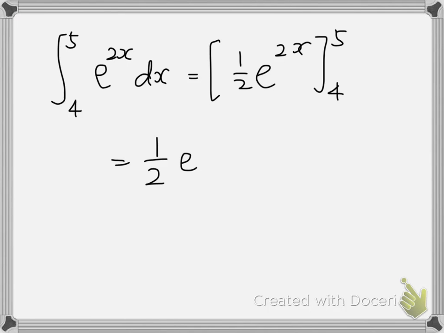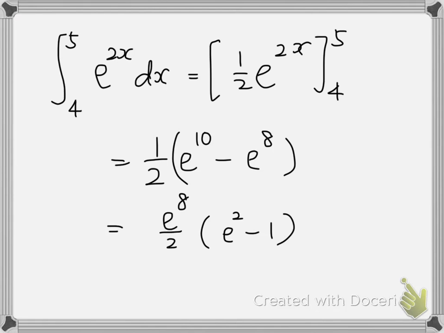So e to the power 10 minus e to the power 8. Okay? So when you substitute x equal to 5, 2 times 5 is 10. And then minus, when you substitute x equals 4, 2 times 4 is 8. Alright? So we can factorize this to say e to the power 8 over 2, and this is e squared minus 1. Okay? And then we're done like this.